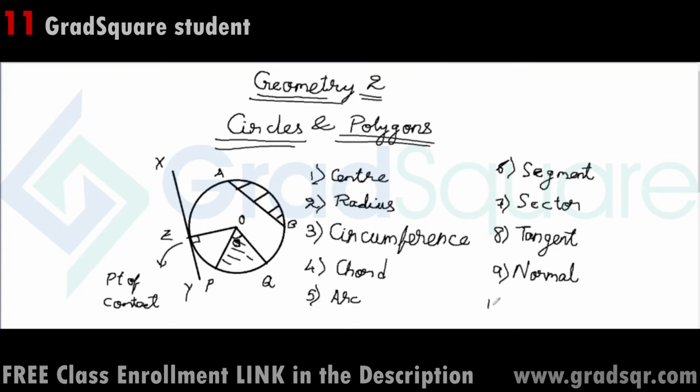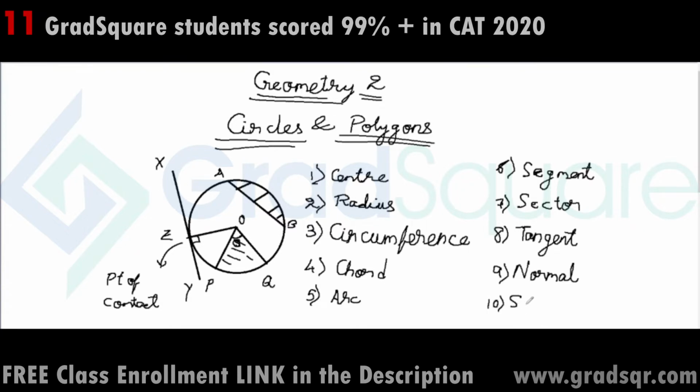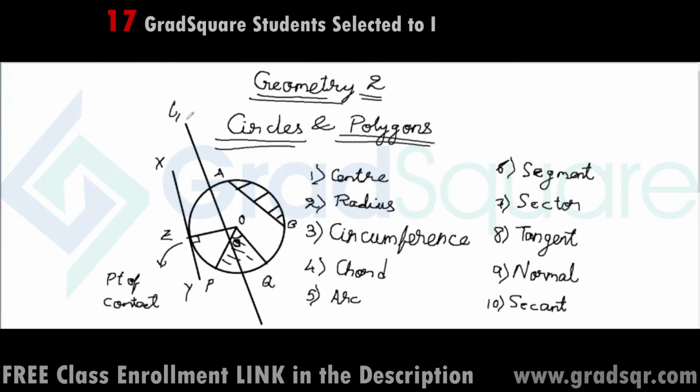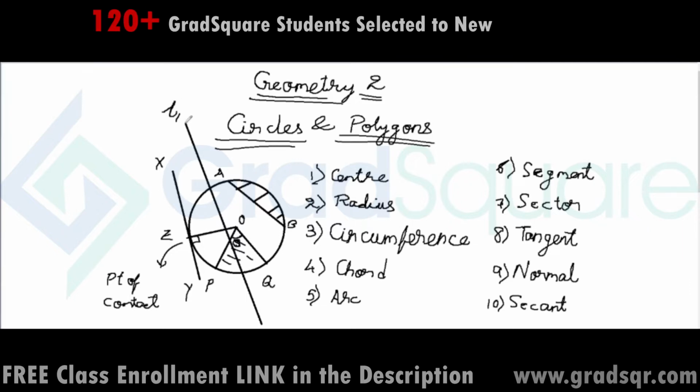Okay. And finally, after tangent and normal, we have got secant of a circle. So what is secant? Secant is basically a straight line which passes through the circle and cuts it at 2 points. So if I have a straight line L, let me call it L1. L1 is passing through the circle and cutting the circumference at 2 points, and L1 is the secant of the circle. Right? Now, the question is, then how is it different from a chord of a circle?